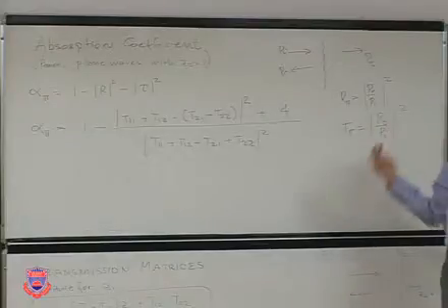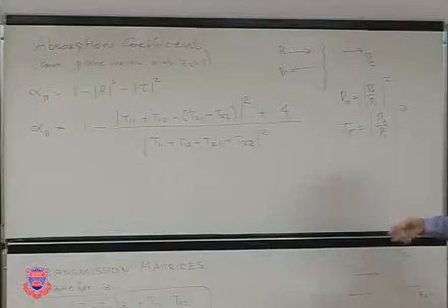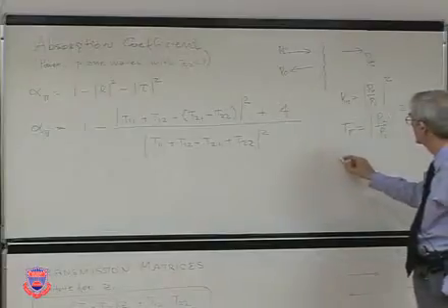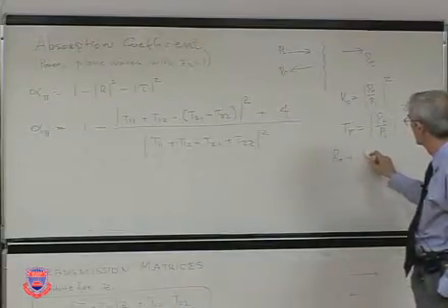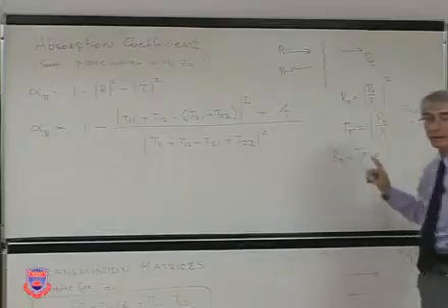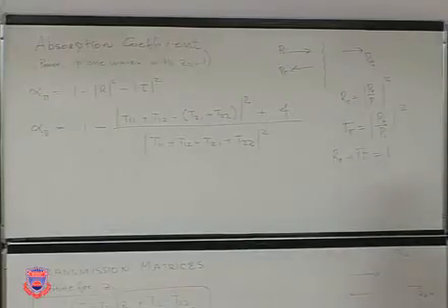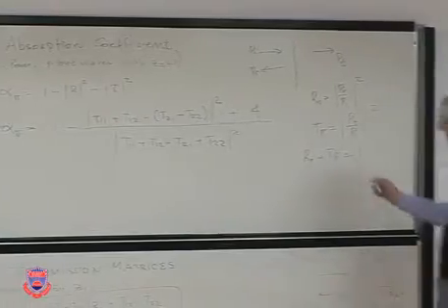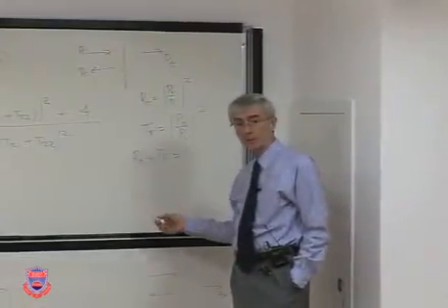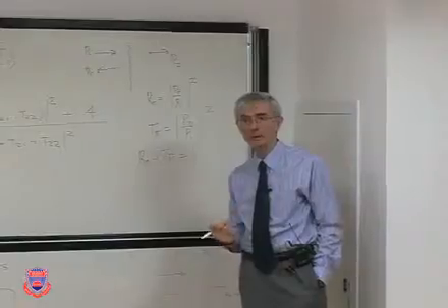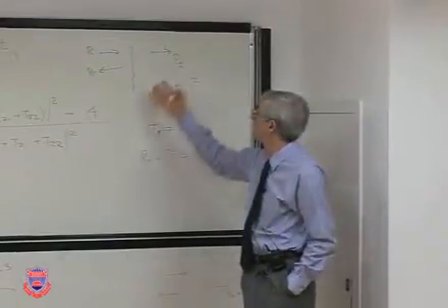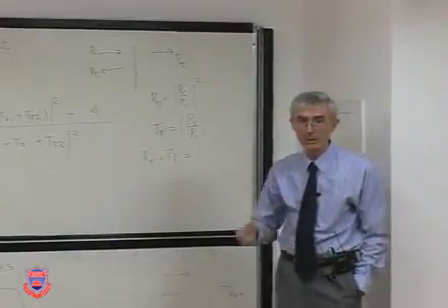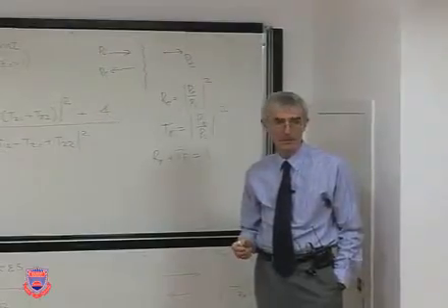If energy were conserved, they would add up to 1. But if energy is not conserved, meaning there's absorption, the difference will be the absorbed amount, sound absorbed by the wall, for example. Make sense?